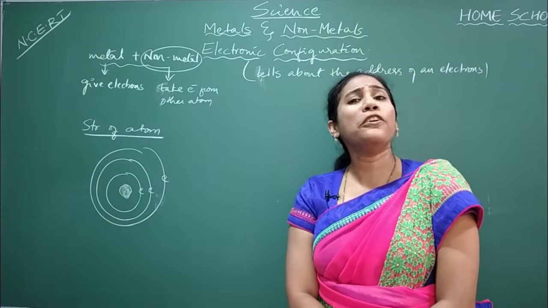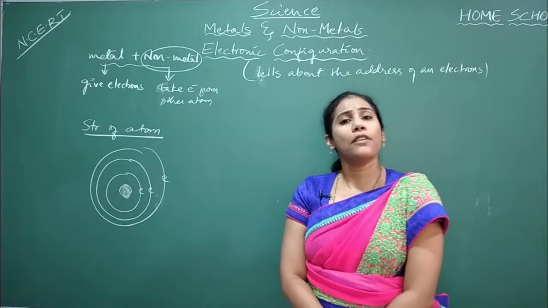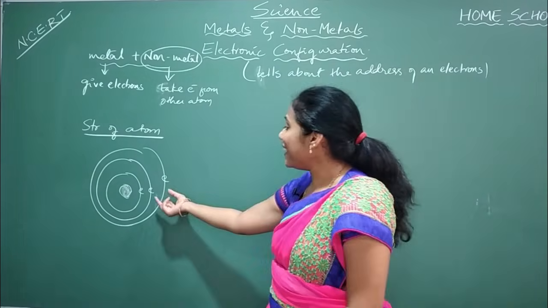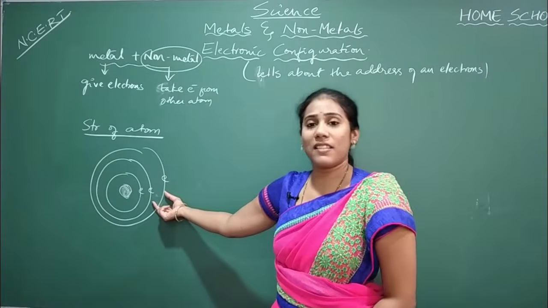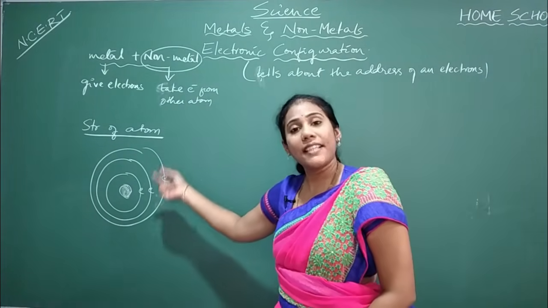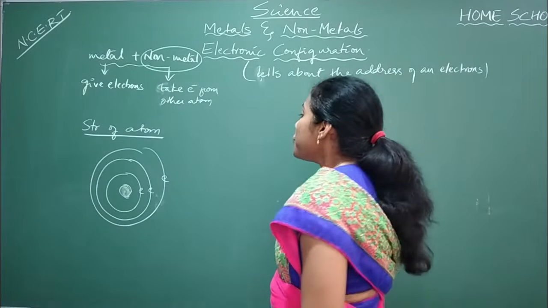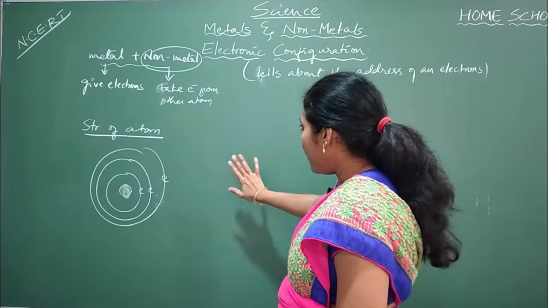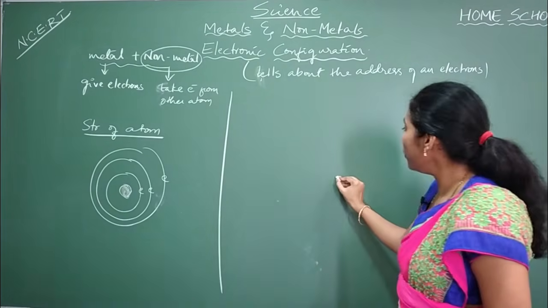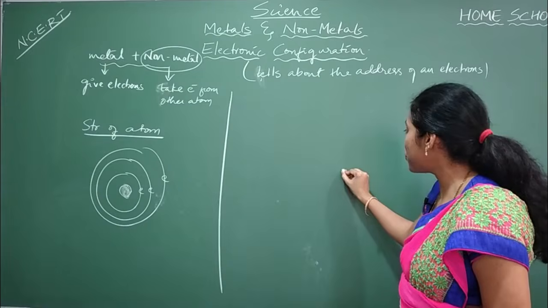Before we go for writing the electronic configuration of various elements, let us study detailed aspects about the structure of atom. So now let me draw the structure here. We all know, just now you have seen it in the picture also.